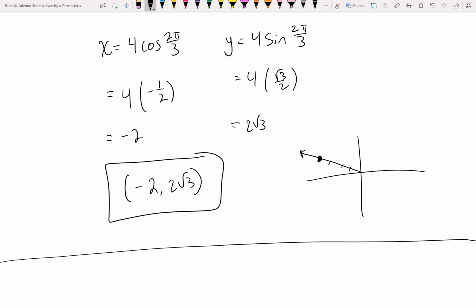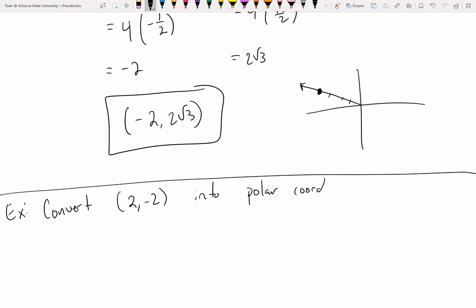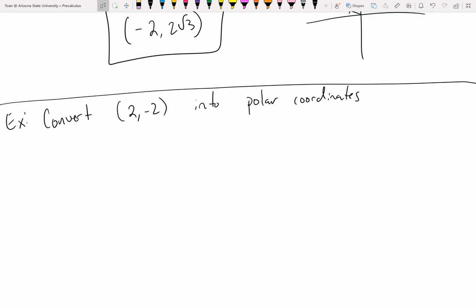And of course, I'm going to expect you to go both ways. If you can go from polar to rectangular, I'm going to expect you to go from rectangular to polar. So I'm going to ask you to convert (2, negative 2) into polar coordinates. And again, all you have to do is know the relationship.